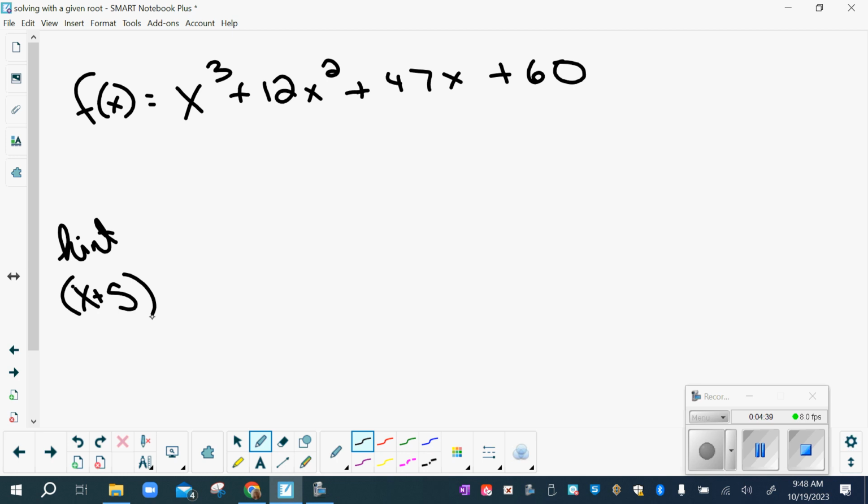On the last problem, was it x squared minus 4x minus 5? I swear, was it not? Well, I didn't get this one wrong.